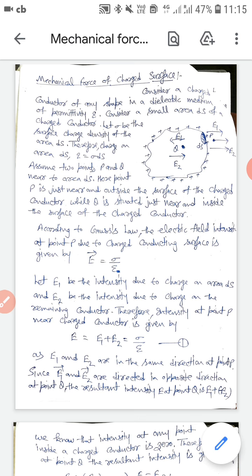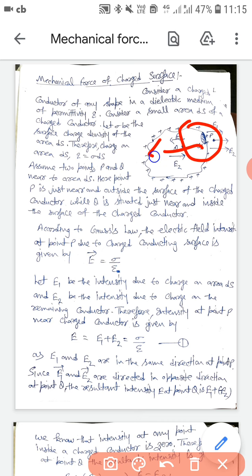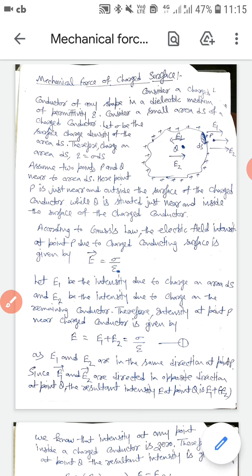For point Q, we are looking at the area ds from inside, so E1 will be in this direction and E2 in this direction. So for the inside point Q, the electric fields are in opposite directions, and the total electric field at Q will be E1 minus E2, the difference of these two fields.